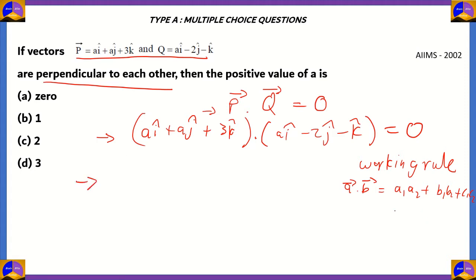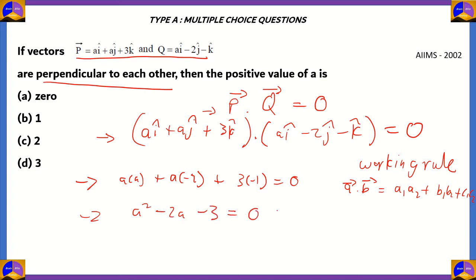So using this working rule, we can write that a times a plus a times minus 2 plus 3 times minus 1 equals 0. That means a squared minus 2a minus 3 is equal to 0. So this is the equation that we get with respect to the working rule.